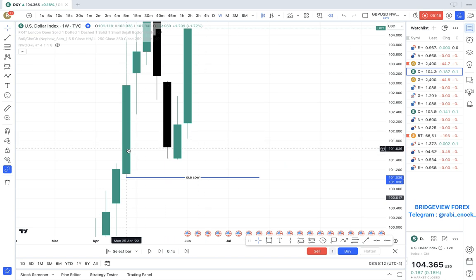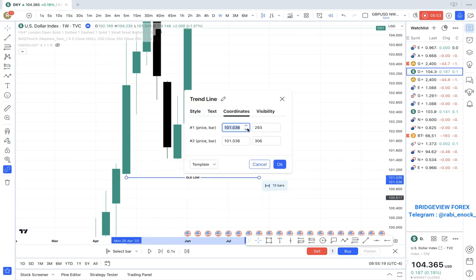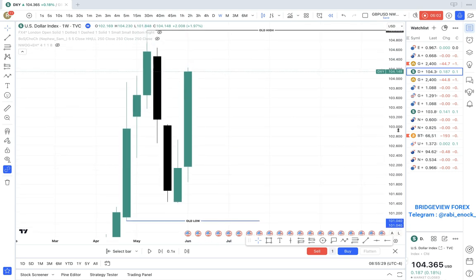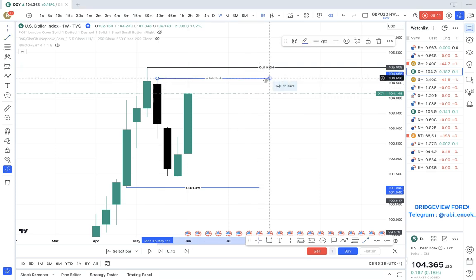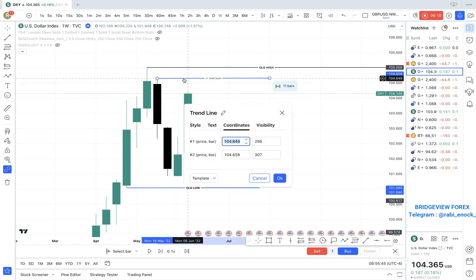The low of this is 101,040. This is an old high. This is also an old high. The high of this is 104,643.